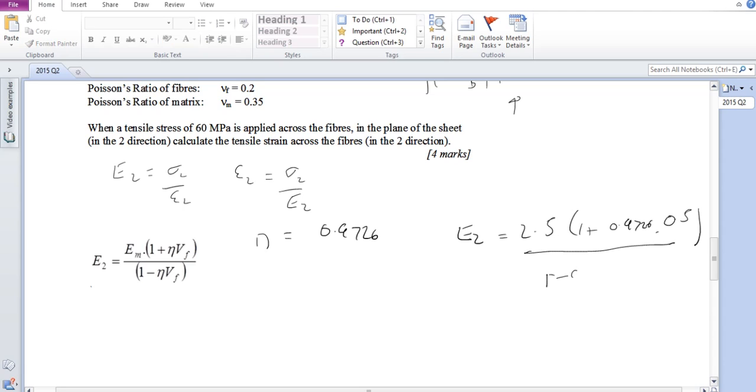So 1 minus 0.9726 times 0.5. And if you work that lot out, that comes to equal 7.233 gigapascals.